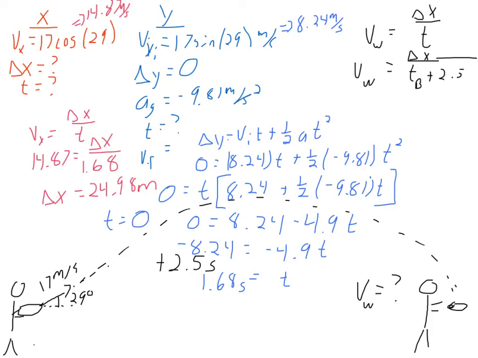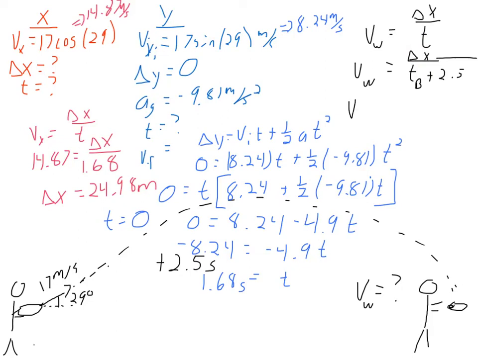All right, now I know the two pieces: how far the ball traveled and how long the ball was in the air, where I can actually solve for how fast the wide receiver is going to have to go. Because remember, the wide receiver got a 2.5 second head start, if you will, before the quarterback threw the ball. So I need to know how far the ball went and how long it was in the air, and now I know those things.